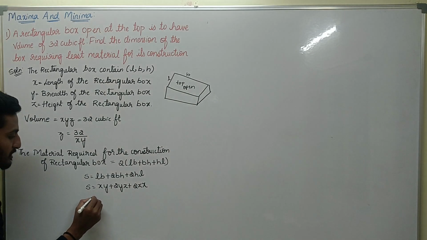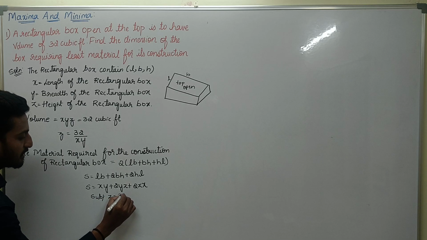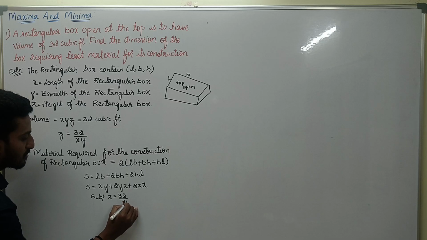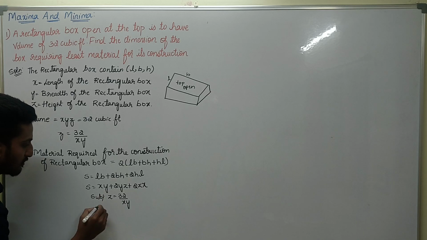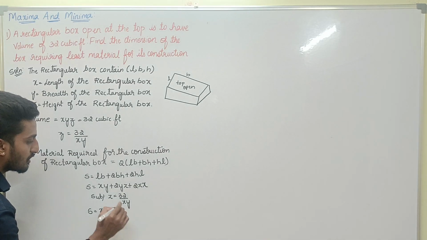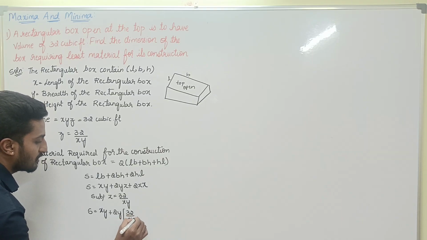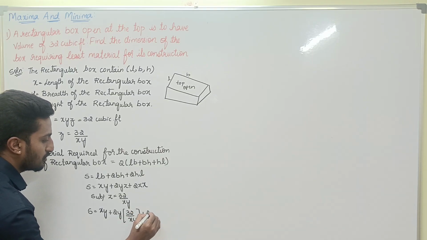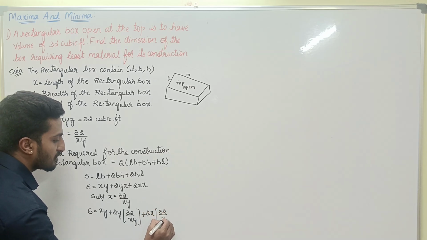Now let us simplify, substituting z equal to 32 by xy. What are we going to get? S is equal to xy plus 2 into y into 32 by xy plus 2x into 32 by xy.